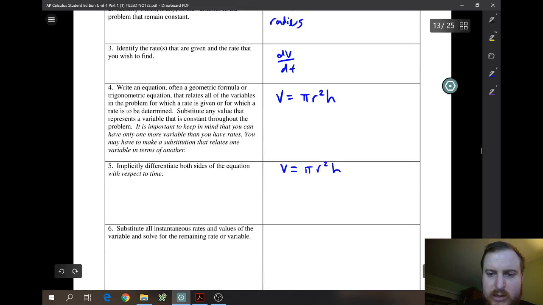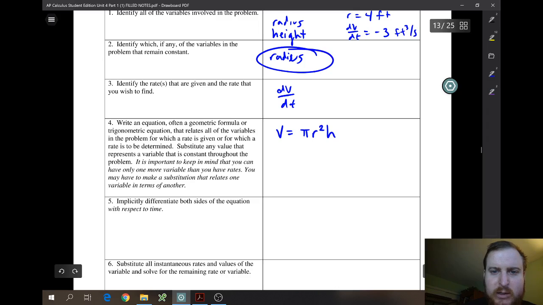And the reason it's nice to know the constant is that anytime we have a constant, we know the radius is constant, we can plug in any constants. So that's always what I do, I always plug in any constants before I take the derivative. And that's what we'll see here, substitute values that represent any constant.